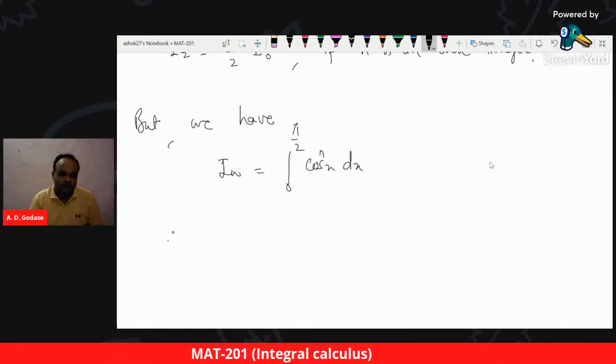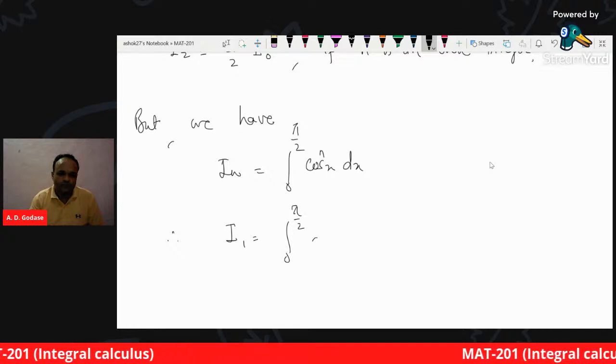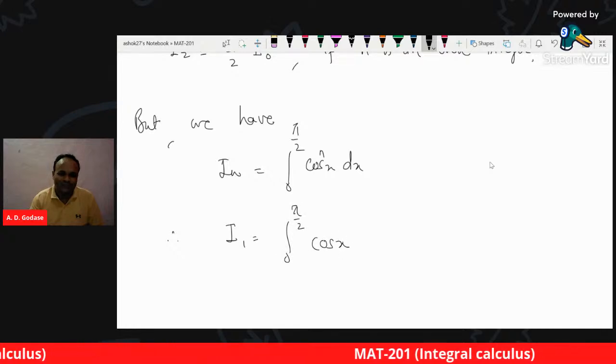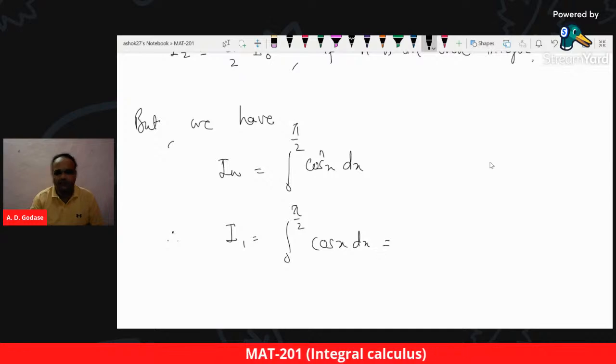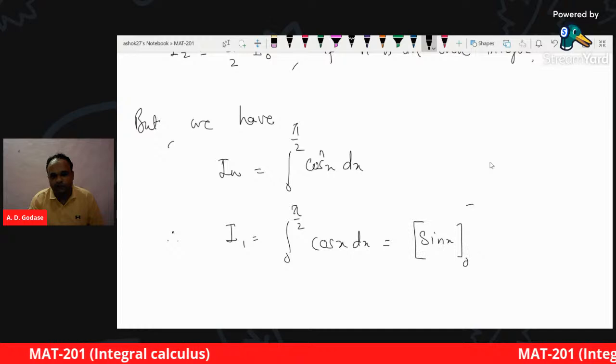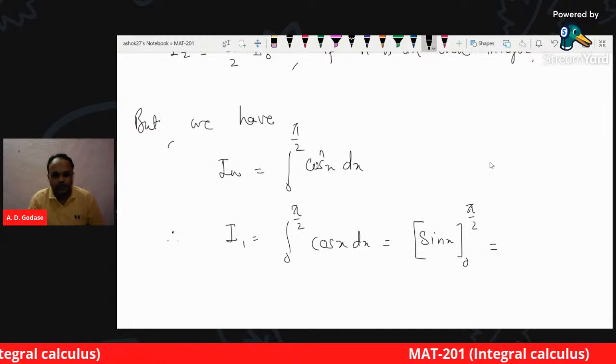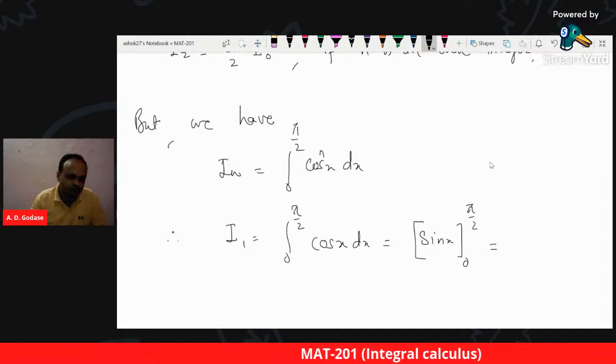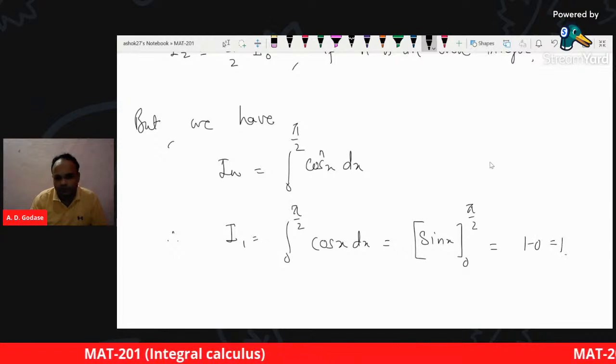Therefore, I1 is the integration from 0 to pi by 2 of cos x dx, and that will be sin x with limits from 0 to pi by 2, which is nothing but 1 minus 0, and that is equal to 1.